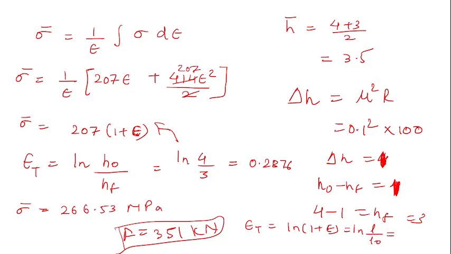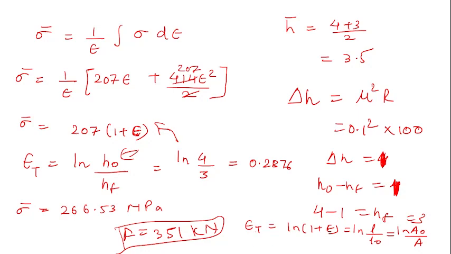When it is decreasing, like here, or in the case where area is decreasing, your length will increase and your area is decreasing, so it will be initial by final. Here your thickness is also decreasing, that's why I take initial by final. Otherwise it is final by initial.